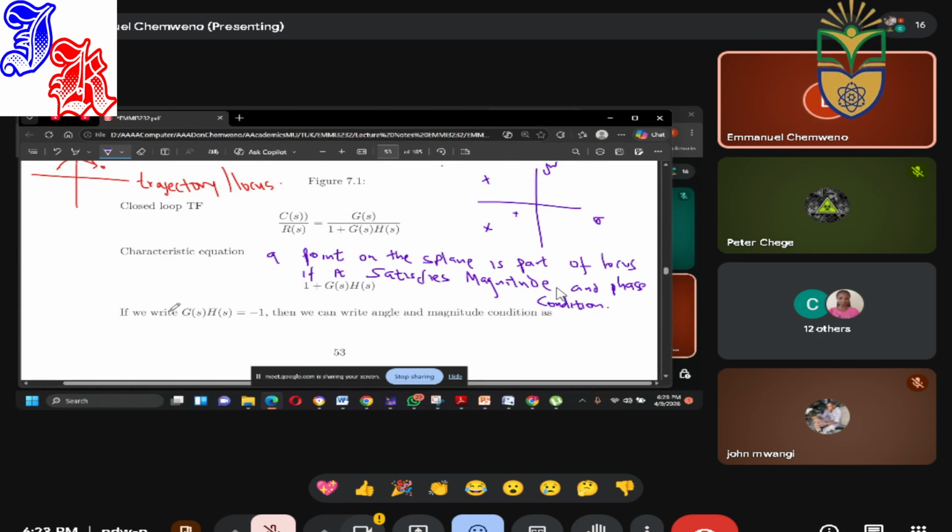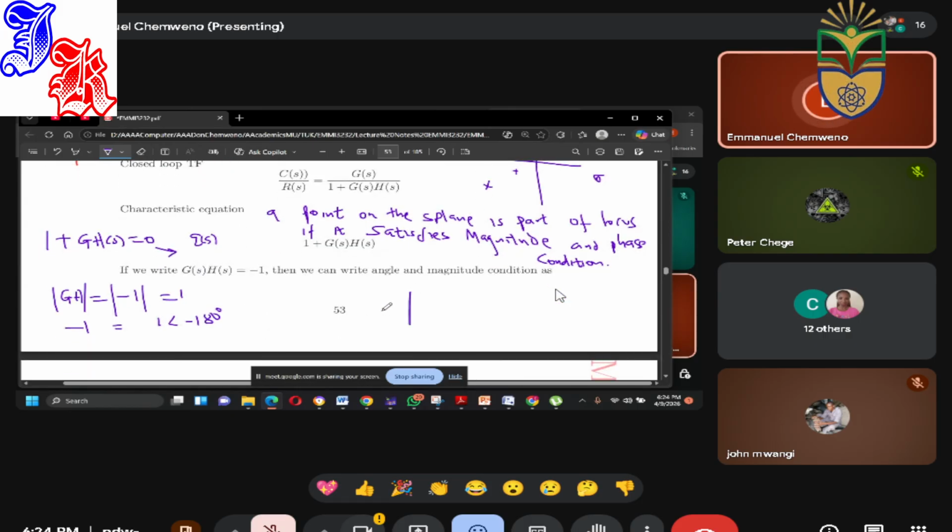Recall, we are interested only in 1 plus GH of s equal to 0, which is the characteristic equation, q of s. This means that GH of s should be equal to -1, and the magnitude is equal to 1. -1 is equal to 1 at an angle of -180 degrees.